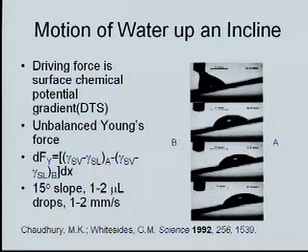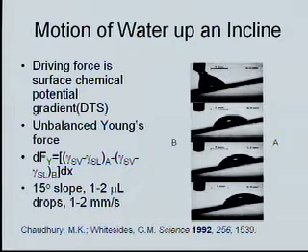It can be some alkyl trichlorosilane if you're trying to get water up a hill, or there are other ways of doing that. And this comes about from an unbalanced Young's force. I've written the equation out for this force, and Chaudhury and Whitesides seem to stress the surface vapor gradient, but it looks like it's more the differential between the surface vapor and the surface liquid that plays a role than the surface vapor alone.